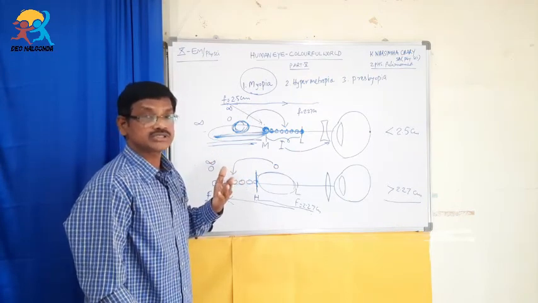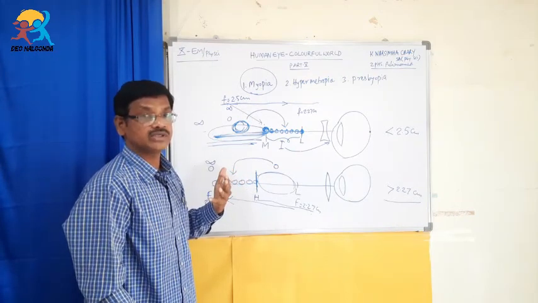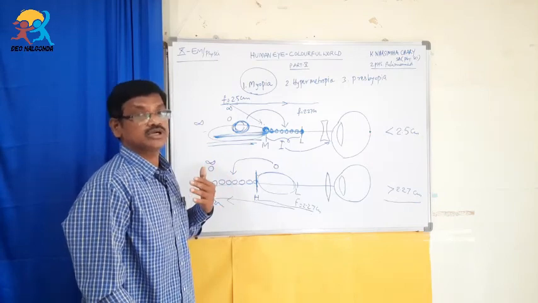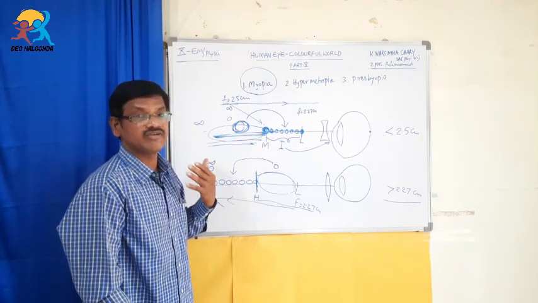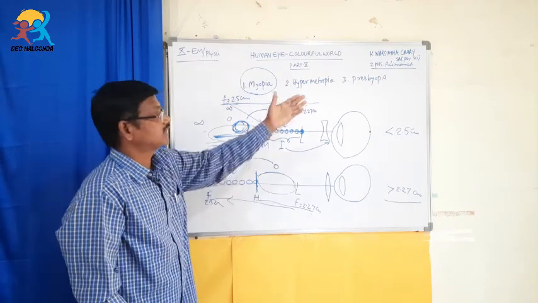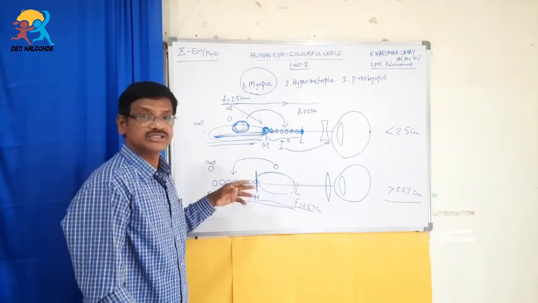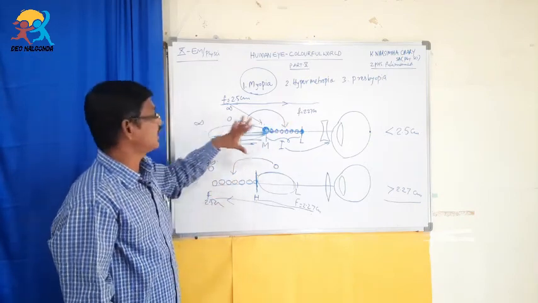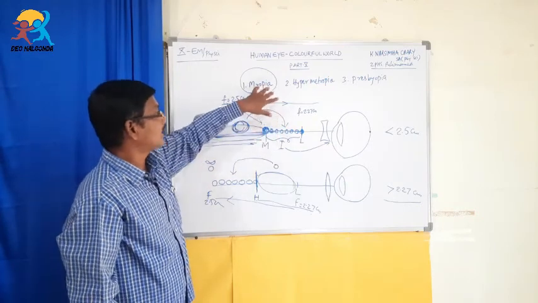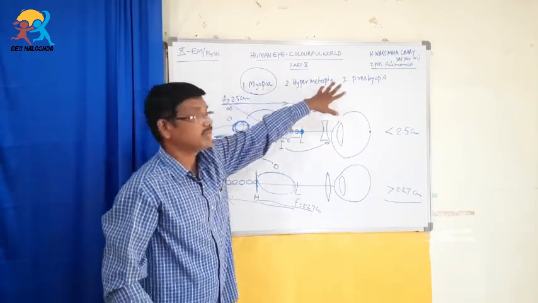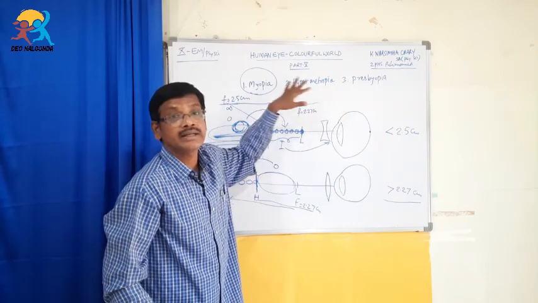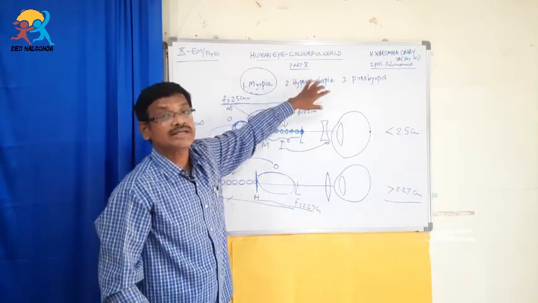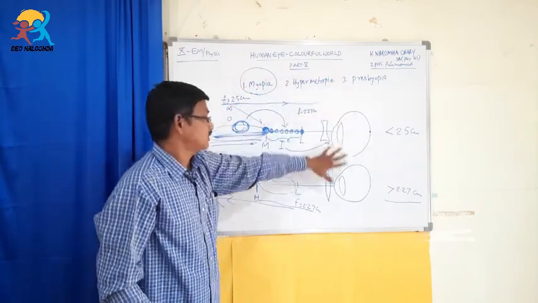The top portion of the lens is a concave lens and the lower portion of the lens is a convex lens, so that presbyopia is adjusted. This is how eye defects appear and are also corrected using the relevant lenses.